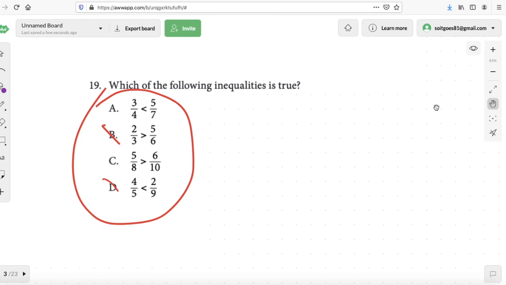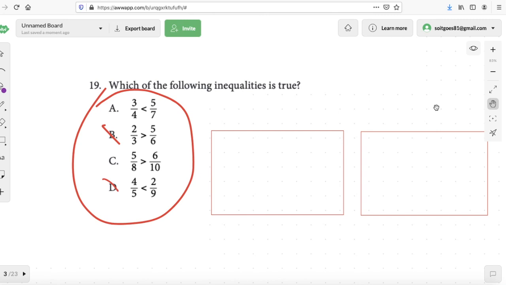So we've got 5/8 and 6/10. I'm going to do some more rectangles here, roughly equal size. I'm going to split that into 8. 8's a little easier because I can split it in half first and then split the halves into 4s.